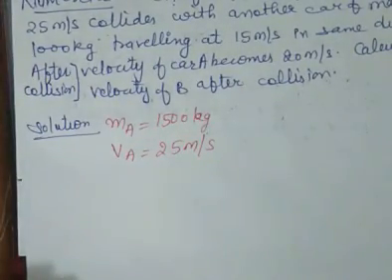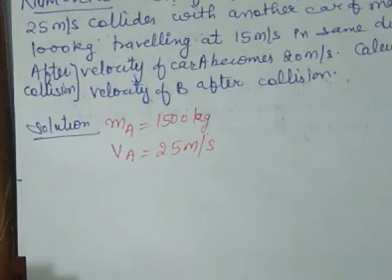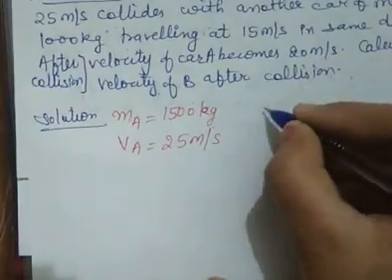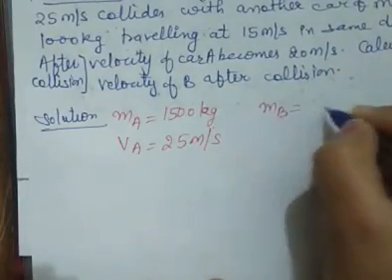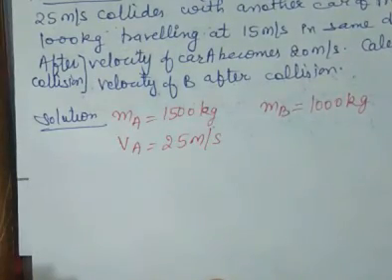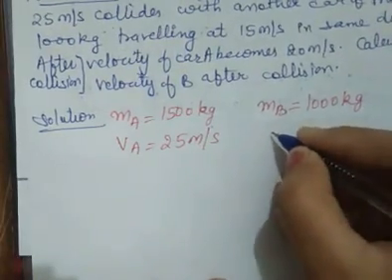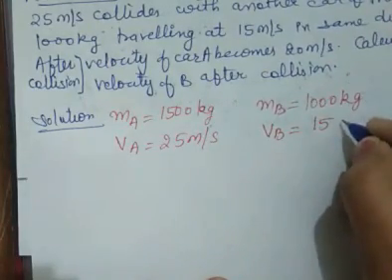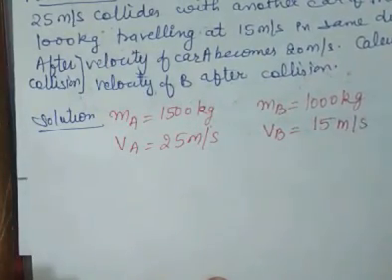It collides with another car. It means there is a second car, another car of mass 1000 kilogram traveling at 15 meter per second. So velocity of car B is 15 meter per second.